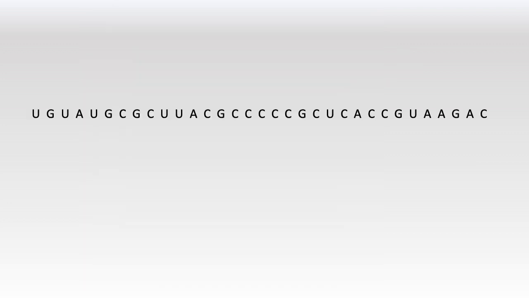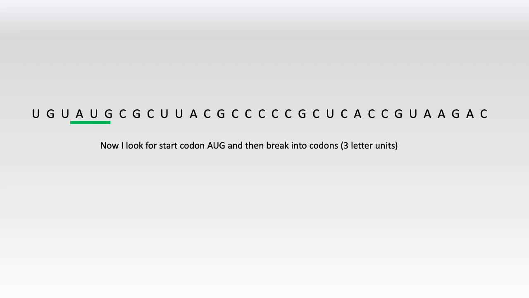And so we're back to our strand of mRNA. And so now I need to look for AUG. After I found AUG, I'm now going to block it off into 3-letter chunks. Those 3-letter chunks are the codons.